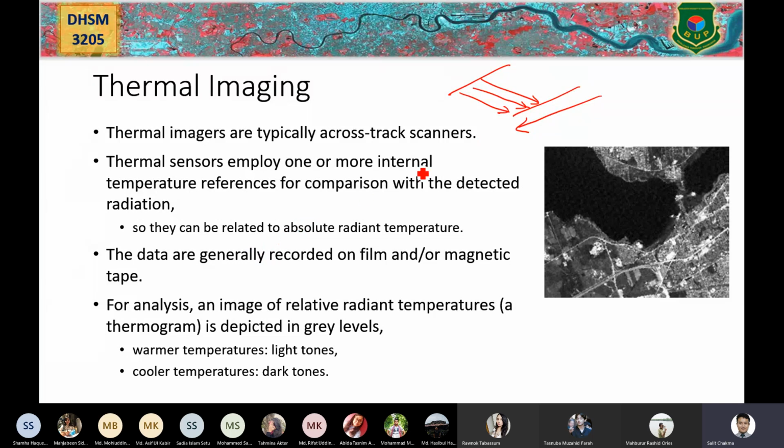So these sensors have some sort of reference values to them. If you have seen any digital piano, then you would have a much clearer understanding of this. In a digital piano, they do not have any strings. First of all, any acoustic piano has strings, and there is a little hammer which hits the string and thus makes that very nice sound.